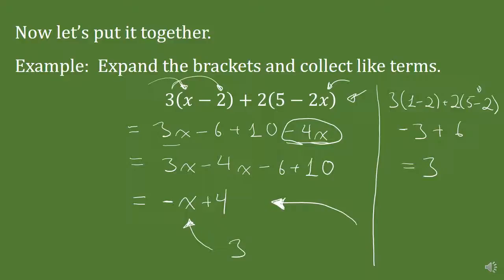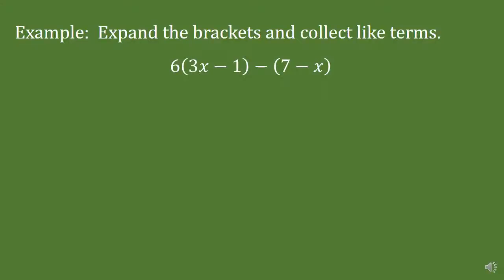So this is 3. And of course that's 3 as well. If this is 1, then this is equal to 3. So that's what equivalent expressions mean: if you substitute in something for x here, you should get the same thing as if you do it at the end.